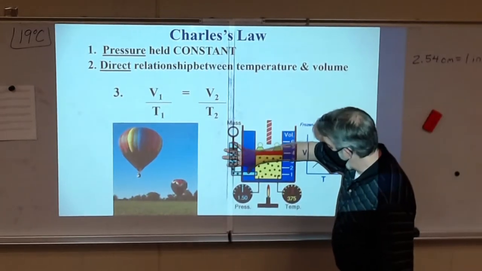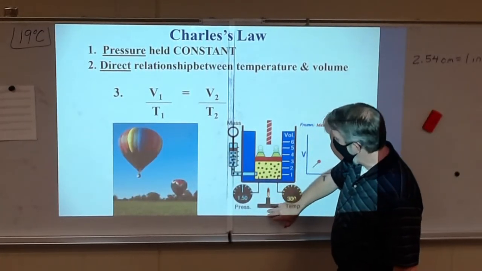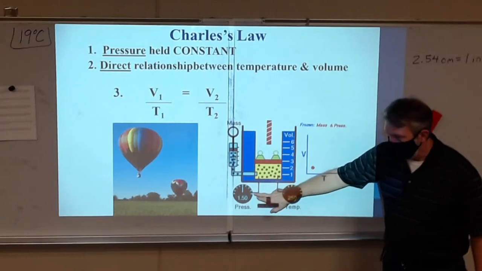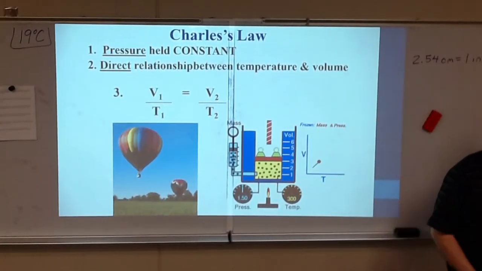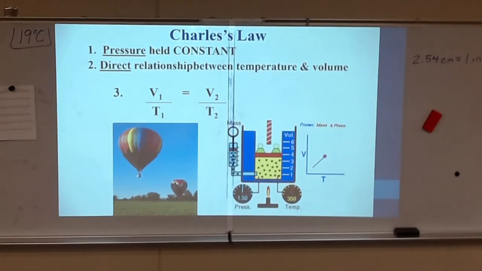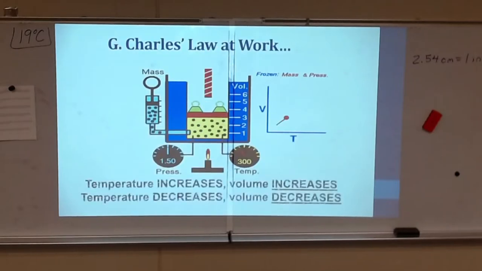The mass stays the same, the pressure stays the same, but as I heat it, to keep the pressure the same, I have to expand the volume. Temperature increases, volume increases. Temperature decreases, volume decreases. A direct relationship.